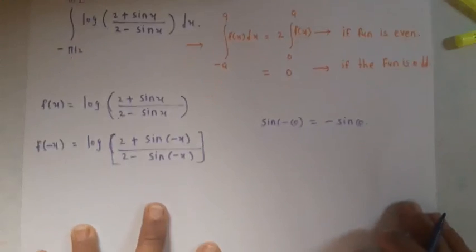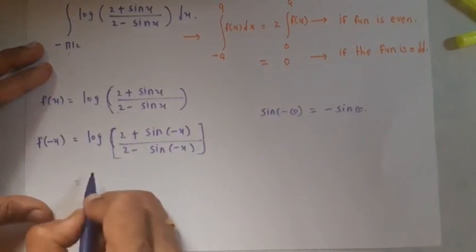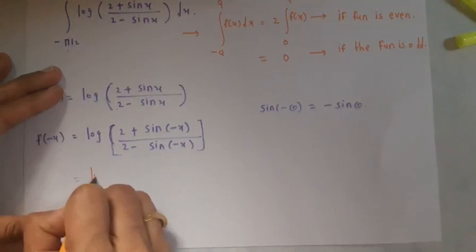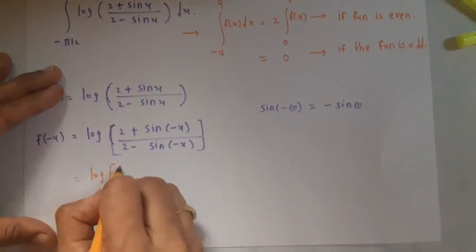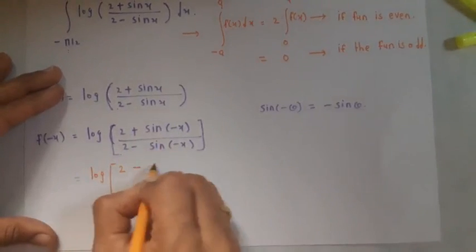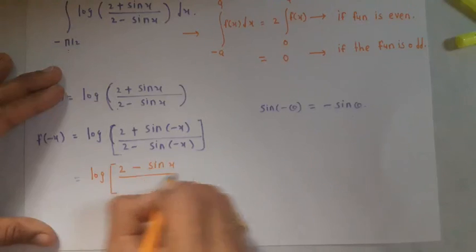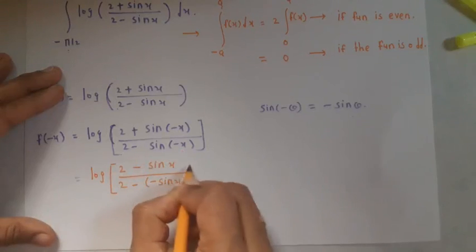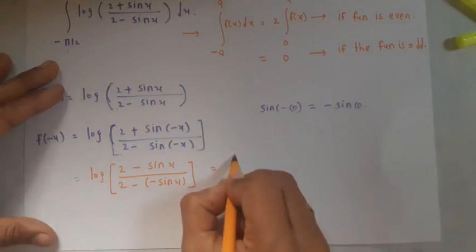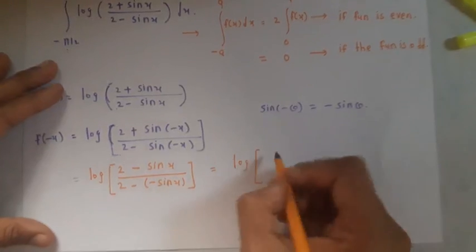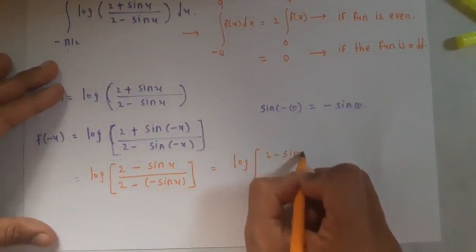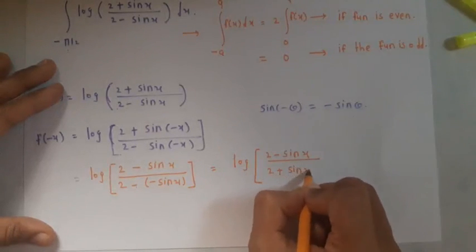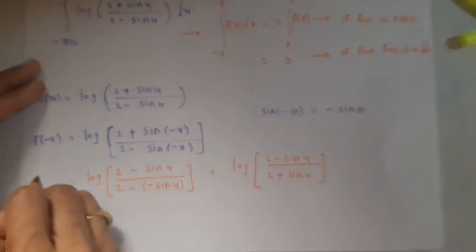By using this formula, we have this equal to log of 2 minus sin x upon 2 plus sin x, since sin of minus x is minus sin x.